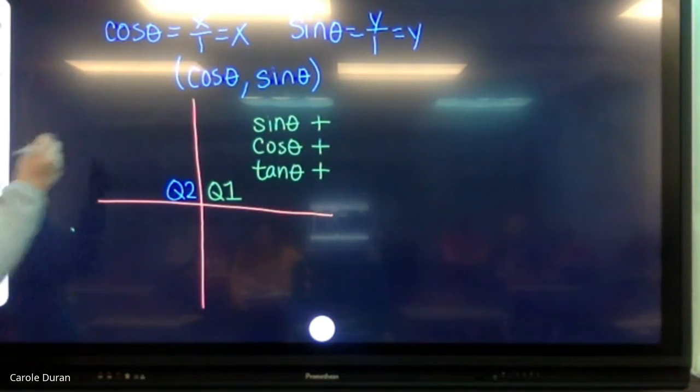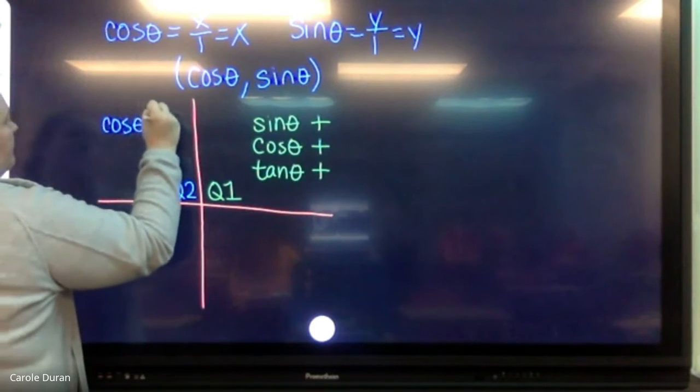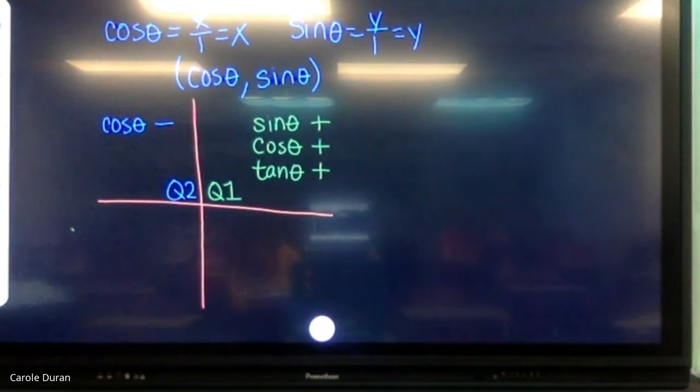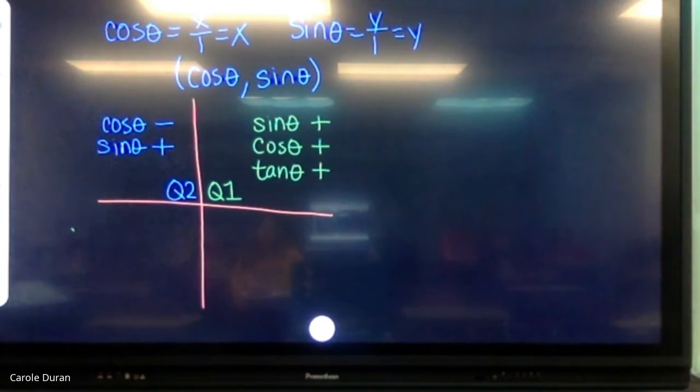The x, which means the cosine is going to be negative. Is my sine going to be positive or negative for that quadrant? Positive, because I went up from the origin. So sine will be positive, which means my tangent is going to be what? Negative, because positive divided by negative is negative.